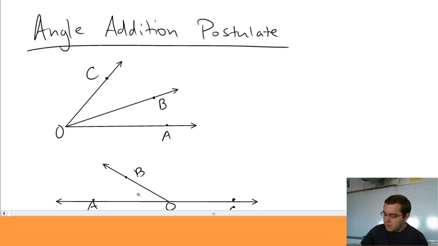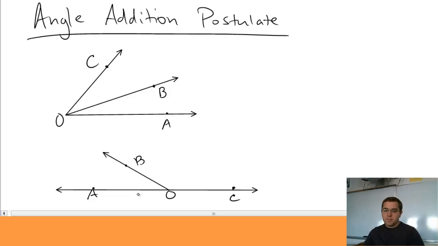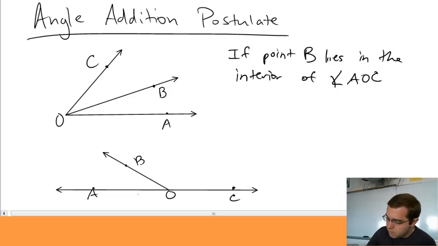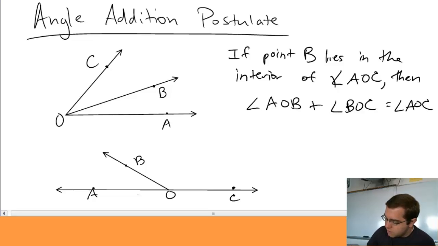Now, a related postulate is called the angle addition postulate. The angle addition postulate says, if point B lies in the interior of angle AOC, then the measure of angle AOB plus the measure of angle BOC equals the measure of angle AOC.